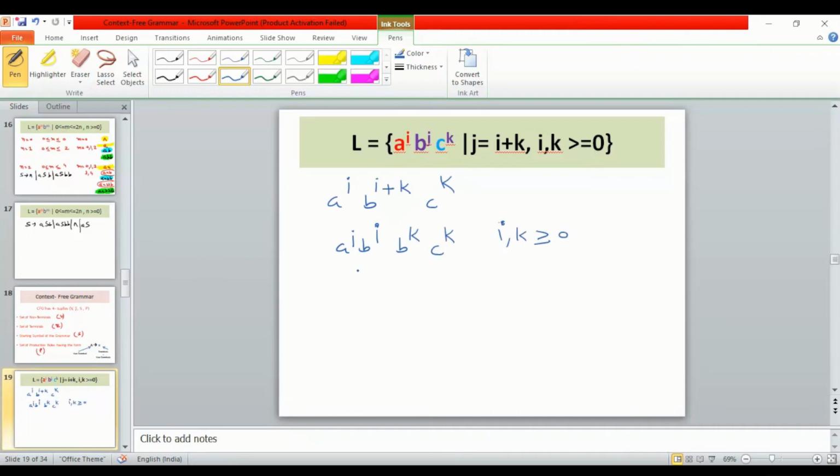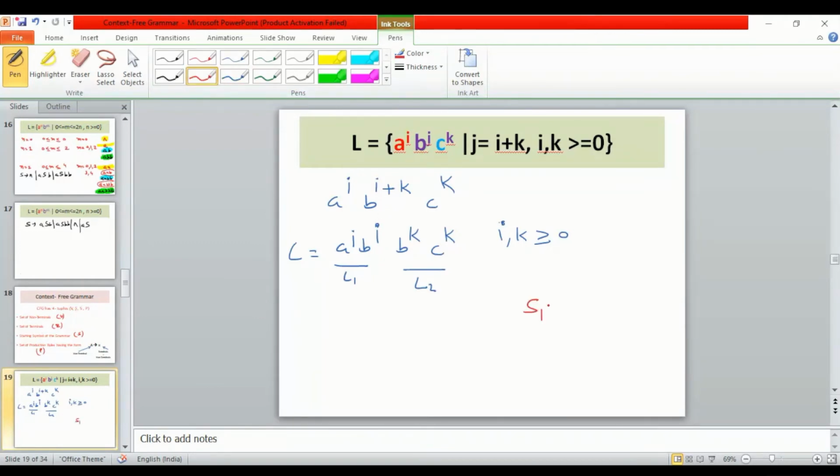Now if you observe this language L, it is again a concatenation of two different languages: A raised to I, B raised to I, I greater than or equal to 0, and B raised to K, C raised to K, K greater than or equal to 0. For this, we have already written a grammar previously for this kind of language.